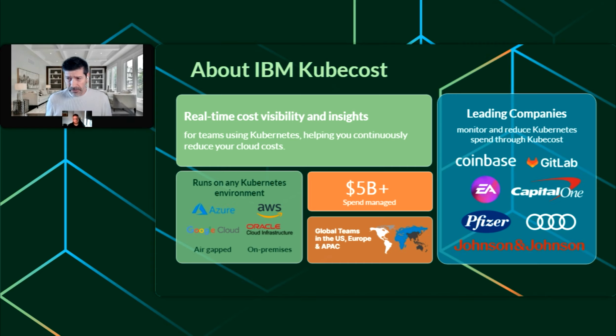Kubecost has both a cloud deployment, a SaaS deployment option, and a self-hosted option where you can control the deployment yourself and have it run inside of your network behind your firewall. It works on any Kubernetes environment, whether that's EKS, AKS, GKE, OpenShift, or rolling your own Kubernetes on-prem. It works across all of your clusters everywhere.